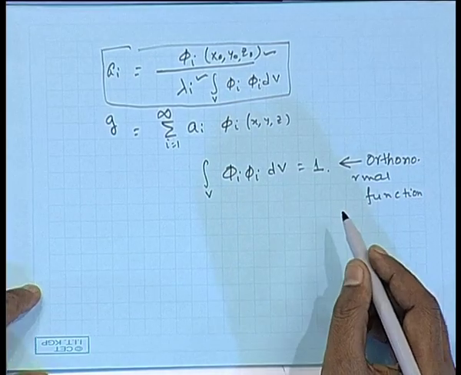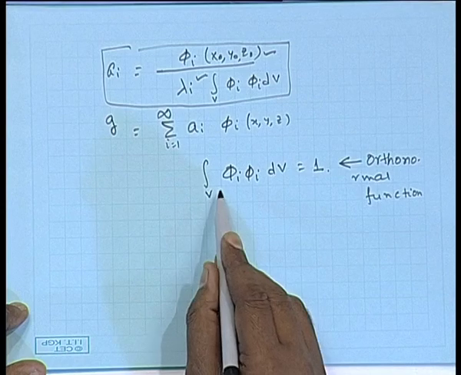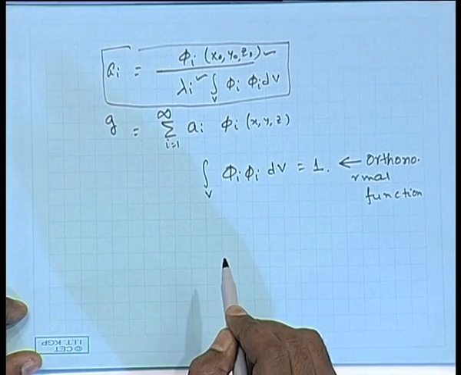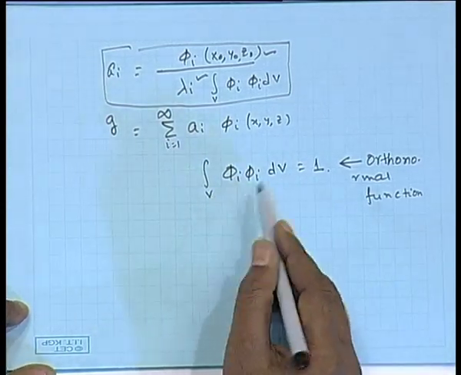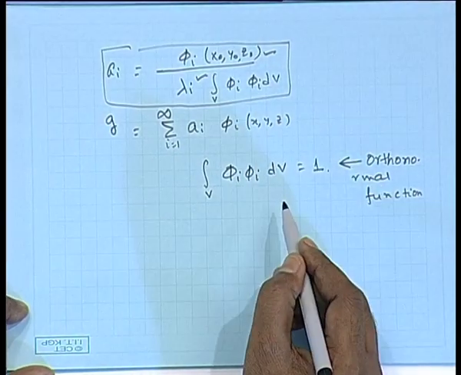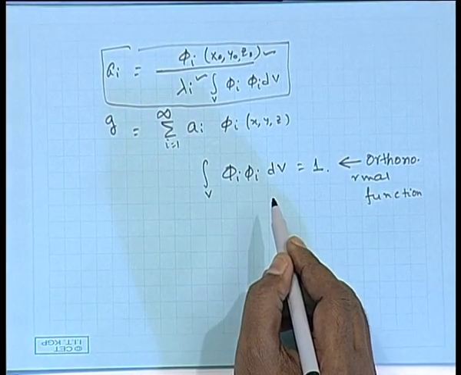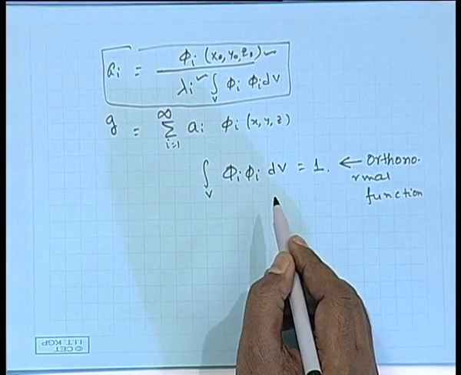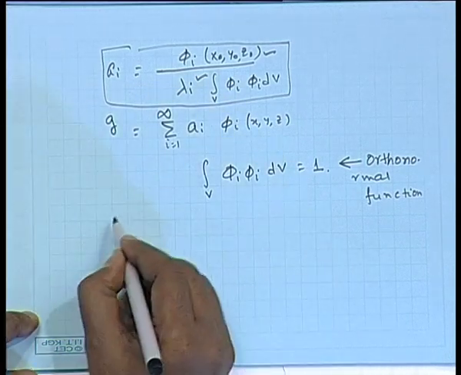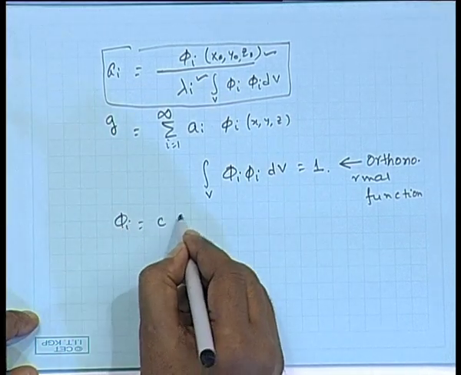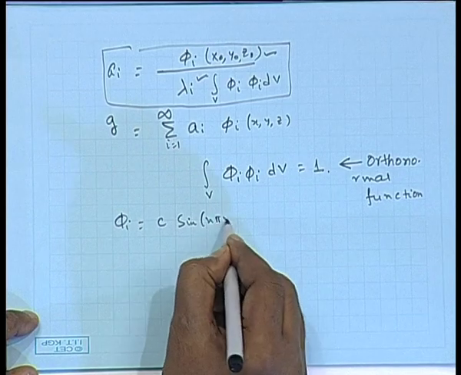Or in other words, if your function is orthonormal, it must satisfy this property. Okay. So, if you force the eigenfunctions to be orthonormal, suppose the eigenfunction turns out to be c sin n pi x.